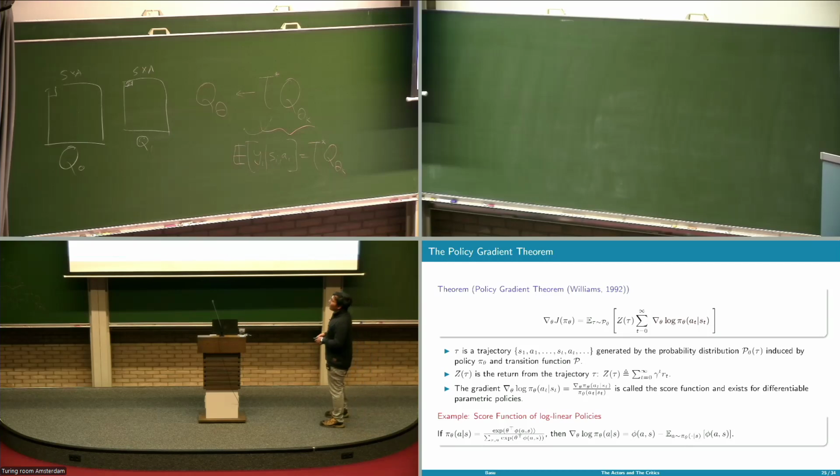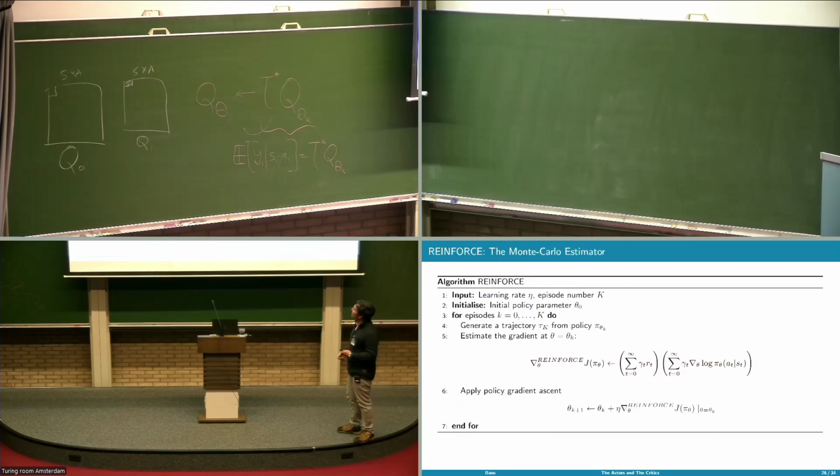So we are good. Do we understand all parts of this theorem? Okay, because the rest of, whatever we have seen over 30 years, is playing around with this equation. So the first algorithm in this way was REINFORCE.